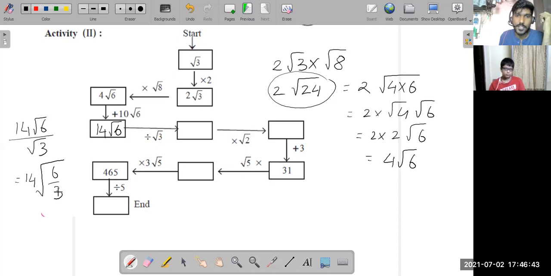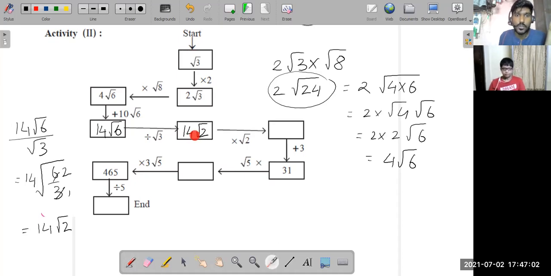How much is 6 divided by 3? 2. So this becomes 14 root 2. So in this blank you will write 14 root 2.